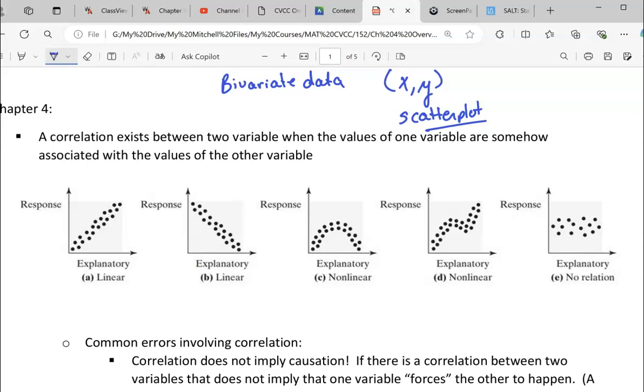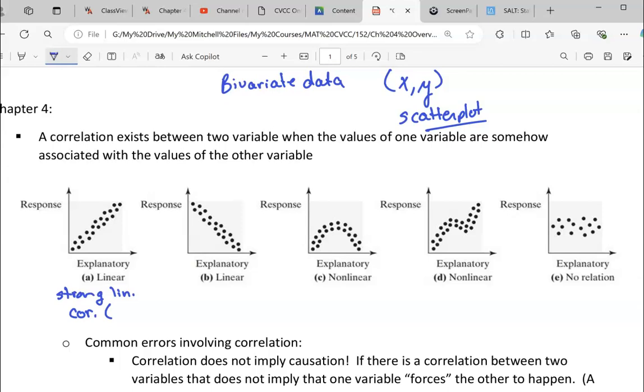So if we were to look at these examples here, that first one, we've got a lot of points that look like they are linear in function. So we would say that this looks like it's going to have a strong linear correlation.